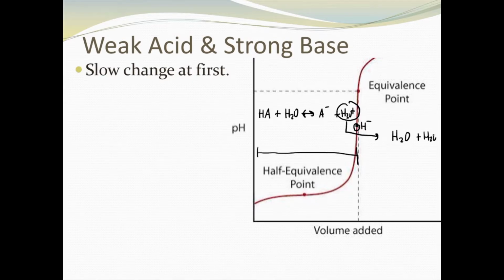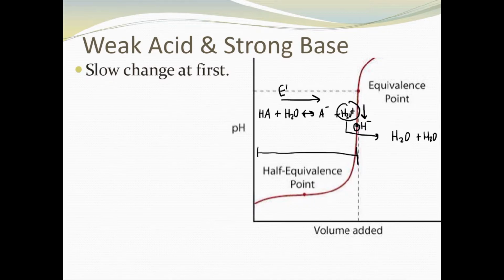I guess 2 water molecules. But as this hydronium concentration drops, this equilibrium will shift forward to replace it. So any hydronium that gets used up by the strong base gets replaced by the weak acid equilibrium moving forward.